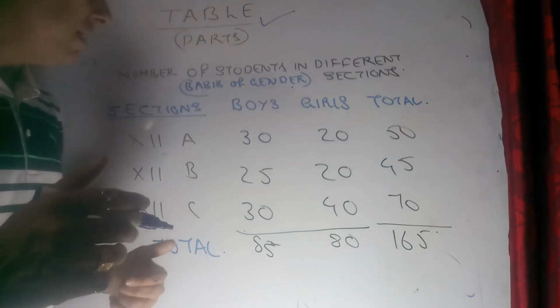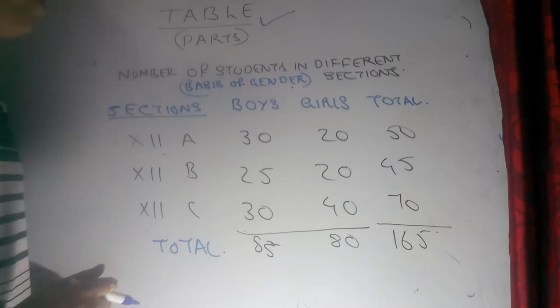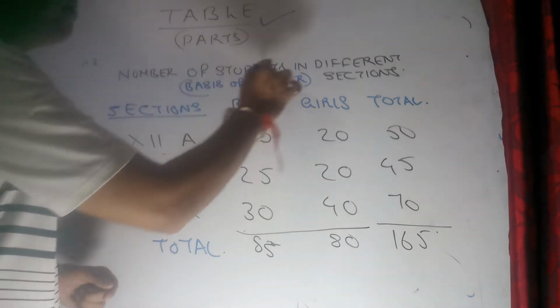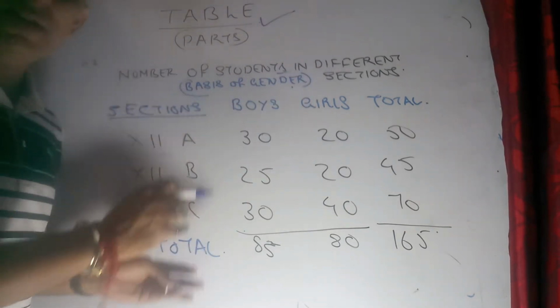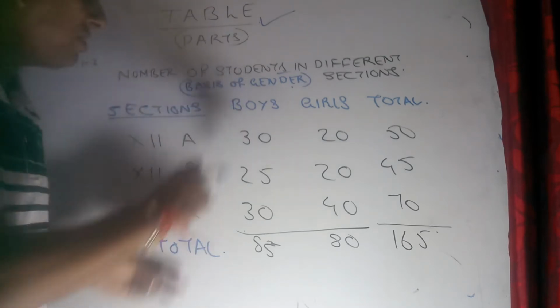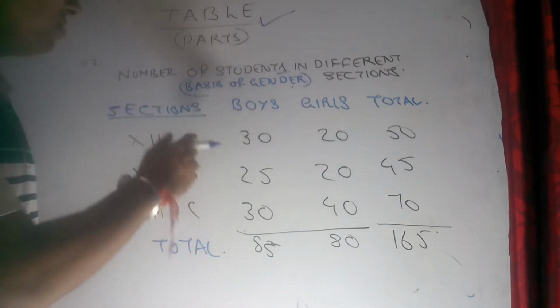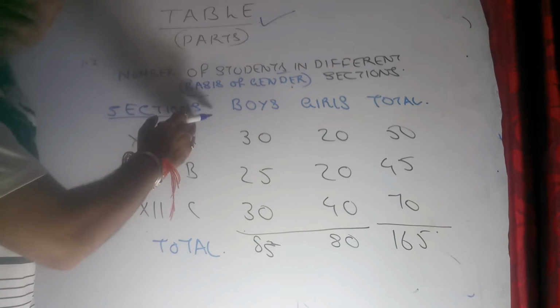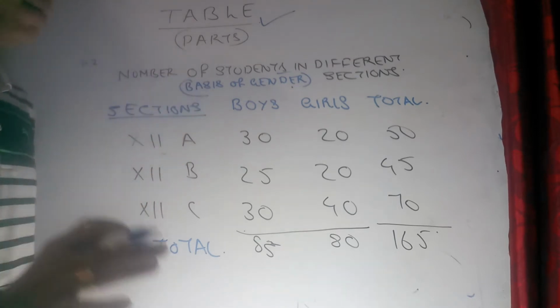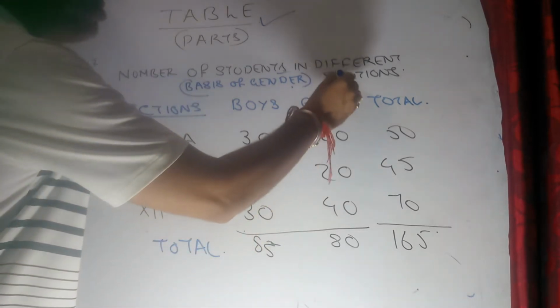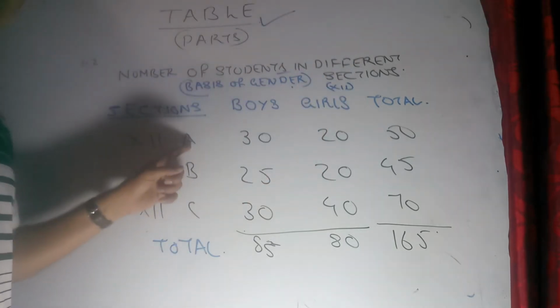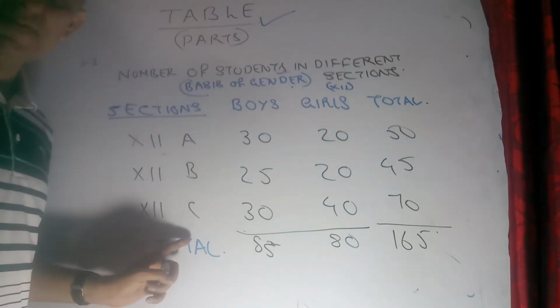Now, let's look into this table which provides information about the number of students in the different sections of schools, gender wise. So you are given 3 sections for a particular class. We are taking class 12 students, right? 12th A is there, 12th B is there, 12th C is there, right?